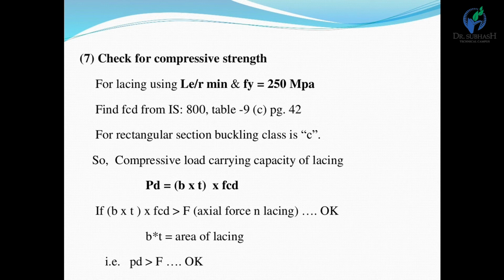B multiplied by T is the area of lacing. So PD should be greater than F, then your lacing design is okay. So in this step we have to check whether the compressive strength of lacing is okay or not.